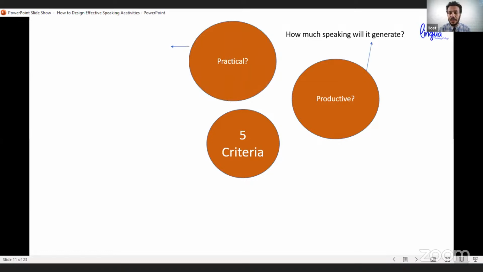Next is practicality of the speaking activity, and to make sure it's practical, you gotta answer that question, which is about the materials, about you as a teacher, when you're preparing for the activity and when you're executing the activity in the class.